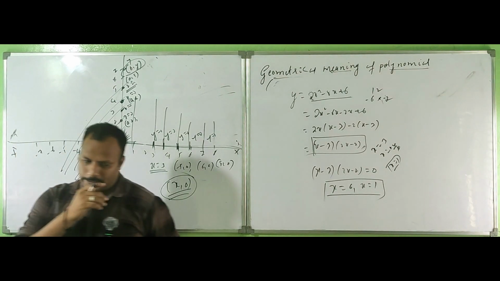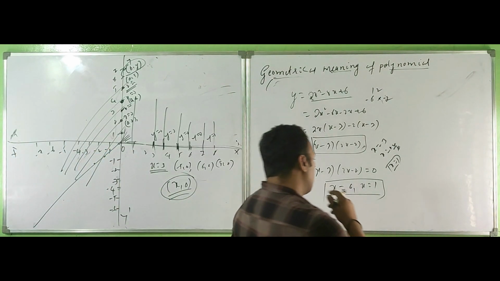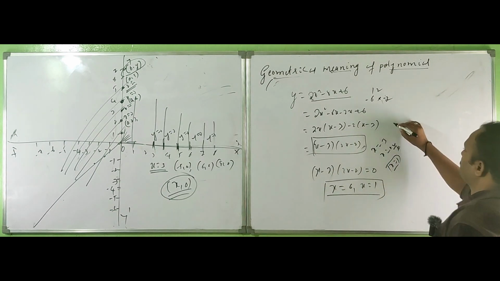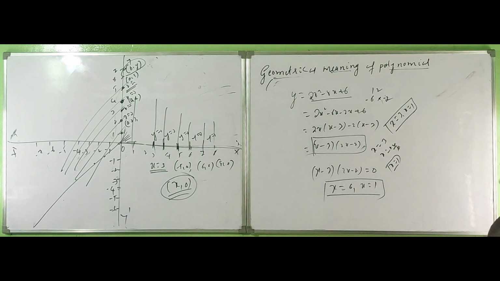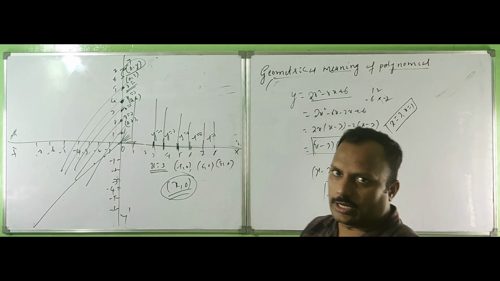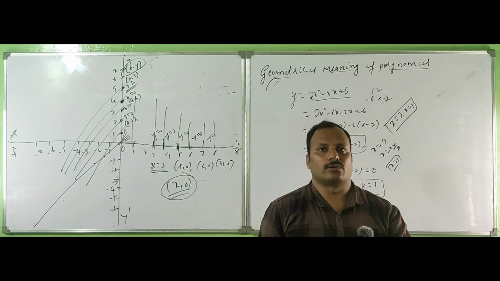So here you are getting two values, x equal to 3 and x equal to 1, which are the zeros of this equation.